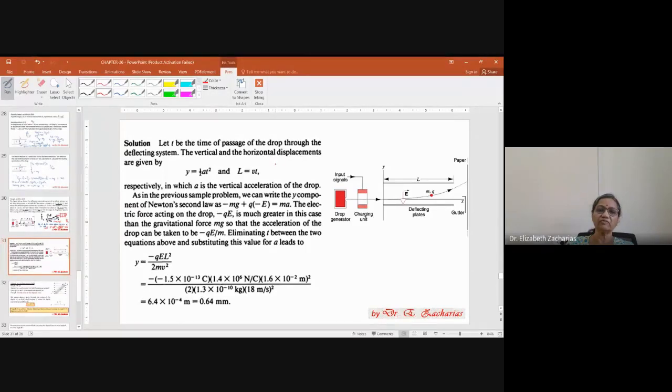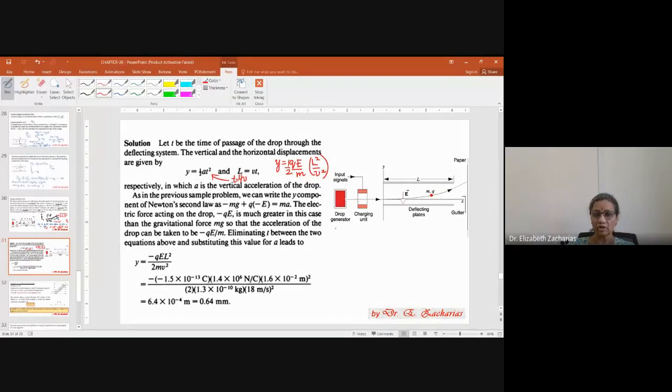Y is equal to, just now I wrote, half qE by m into t square. Instead of t square, I will write L square by V square, just by using t is equal to L by V.